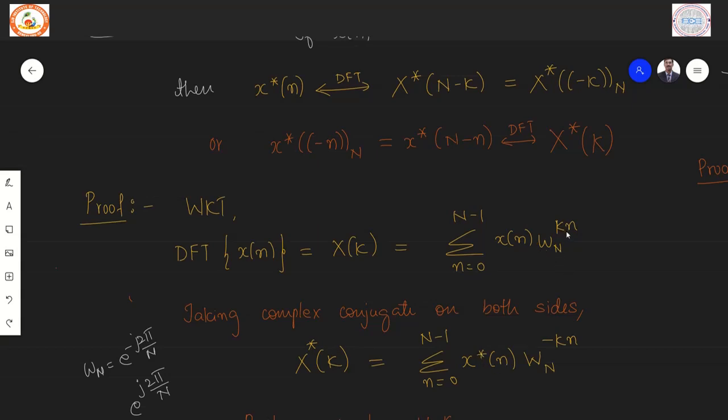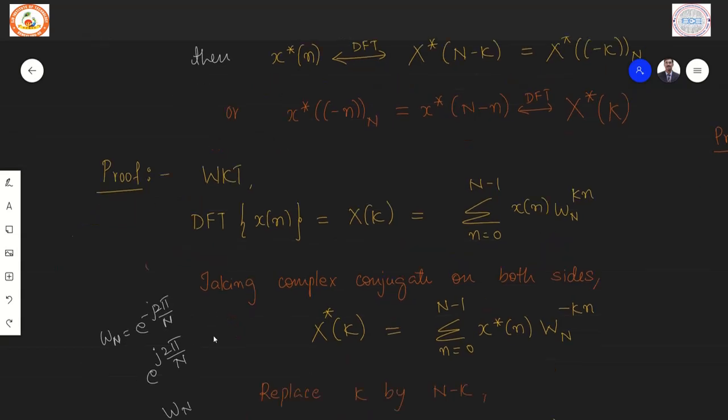Wn to the power of kn we know is a complex exponent. Its conjugate is obtained by changing the sign of j. So Wn is e power of minus j2 pi by n. Its conjugate should have a plus. So please note we have changed the sign here to represent that. So Wn to the power of kn has a conjugate Wn to the power of minus kn.